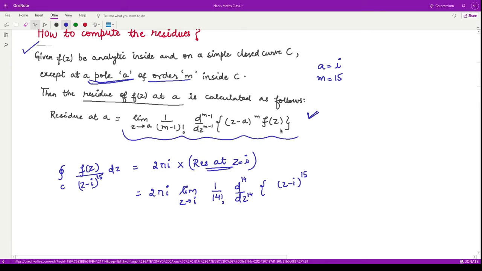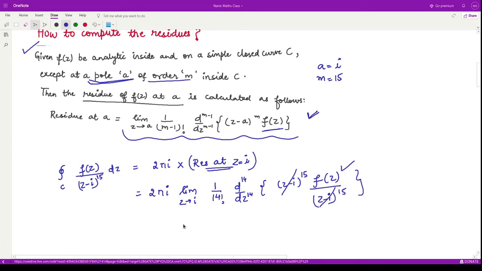And what was our function? Our function was f of z divided by z minus iota raised to power 15. So here you see this factor cancels with this factor, and what was our f of z?